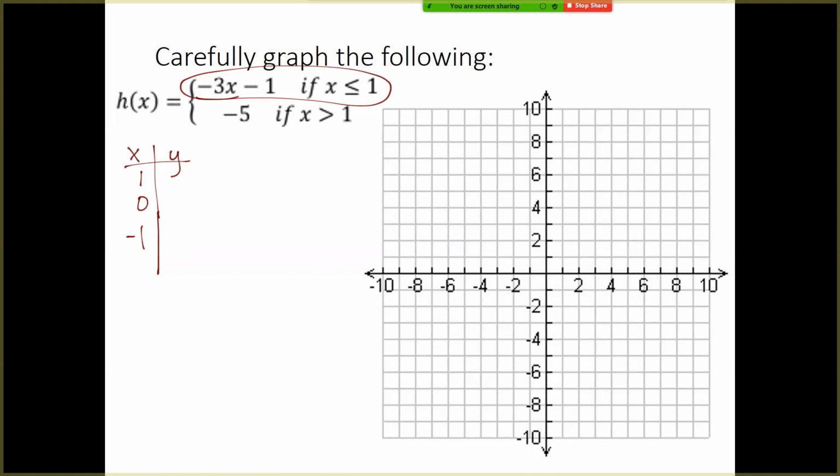So any number that's less than or equal to 1 will work for this top part, -3x minus 1. So I'm going to take -3 times the x value we were given, minus 1. So we're plugging into that top piece of our graph. Then I'm just going to simplify. -3 times 1 is -3, minus 1 is -4.